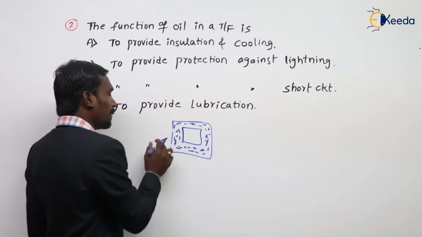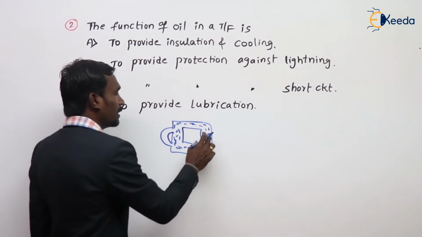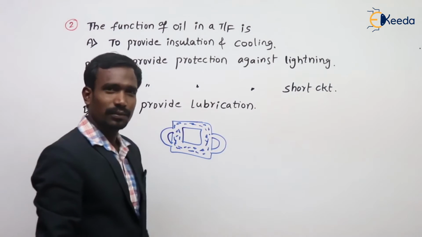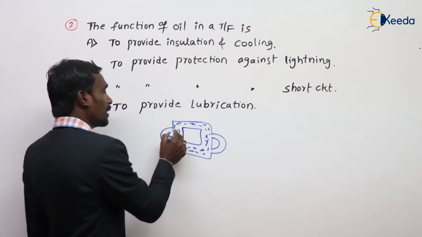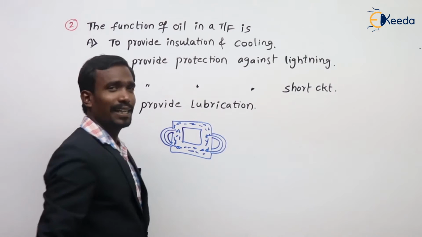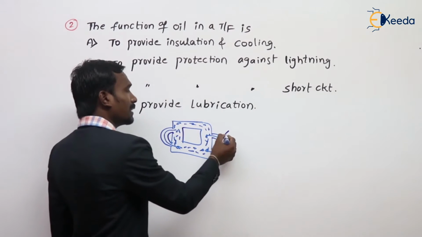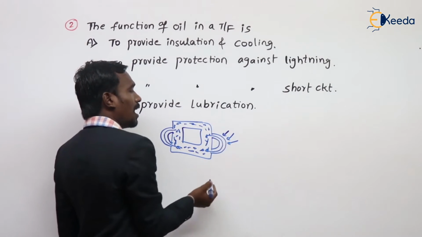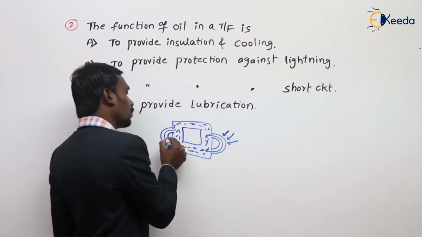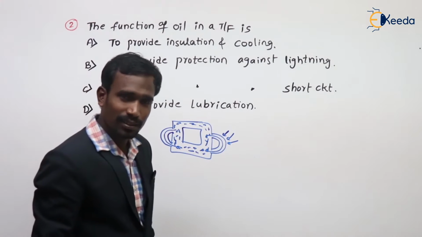Generally, the first purpose of transformer oil is cooling. This transformer oil flows through the cooling tubes or radiators, and by utilizing the external or atmospheric air, the oil gets cooled down in the radiators.